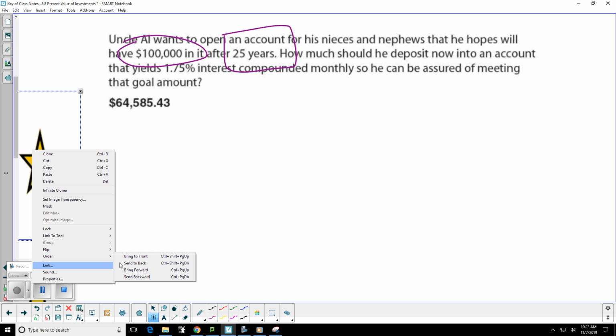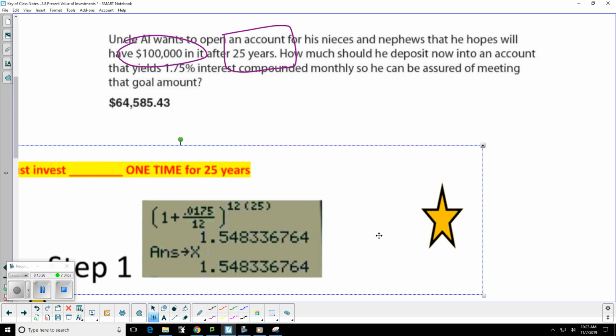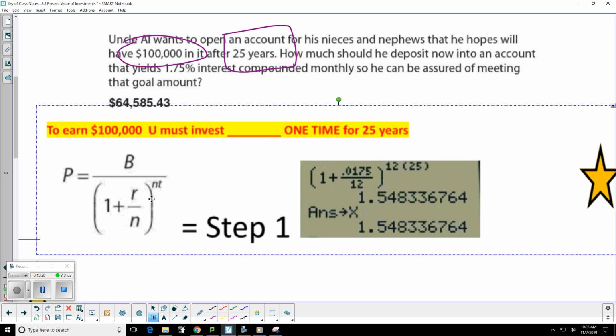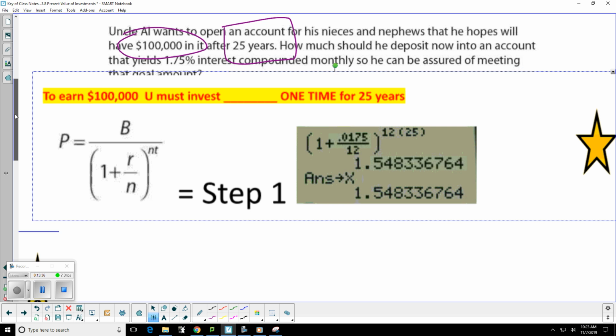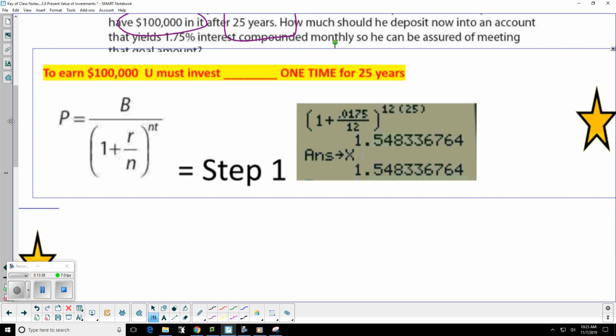You're 100% right. So we're making a one-time deposit, and we're looking at where the money takes us in 25 years. The goal is we're trying to get to 100,000.